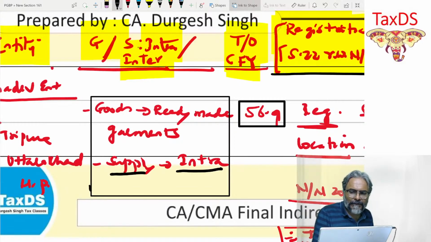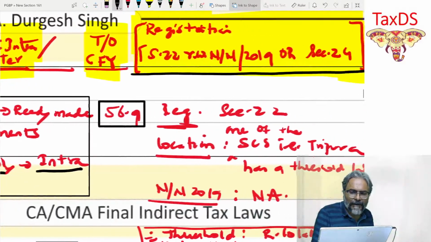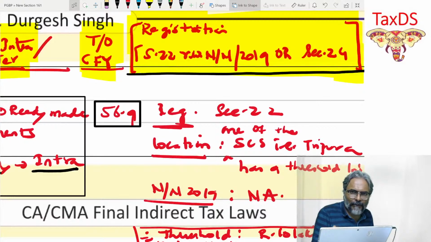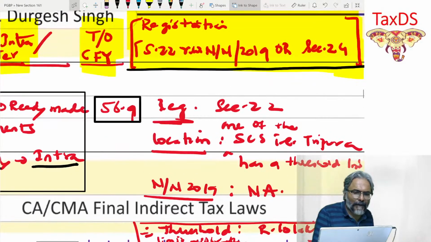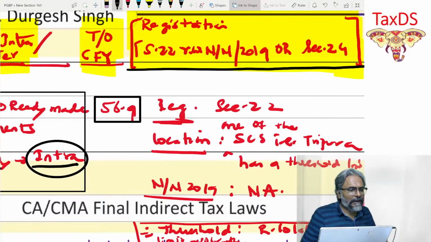Now, question therefore is over here. Now, see the presentation that you will do. This is standard one towards the end. Registration, students, which section will be considered? Now, since it is an intrastate supply, students, therefore there will not be any section 24. So the registration would be under section 22.